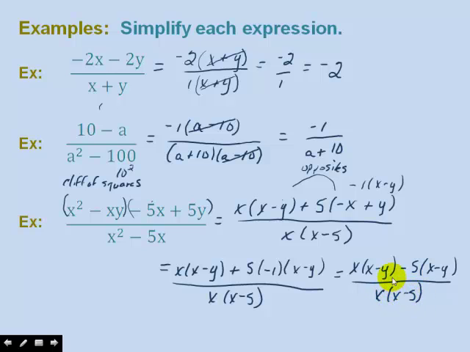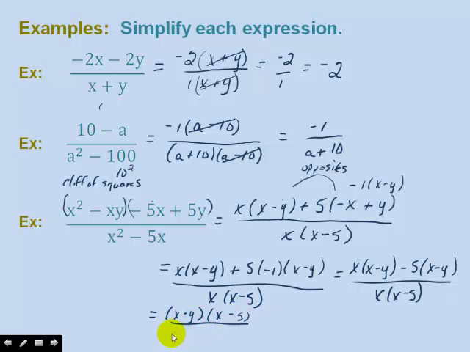This might seem like the long way around, but I want you to see all of the steps to get from this down to where we have two factors that match. So now for our factoring by grouping, we have an x minus y in each place. So we're technically factoring that out, and what we have left from the first term is an x, and from the second term we have a negative 5.